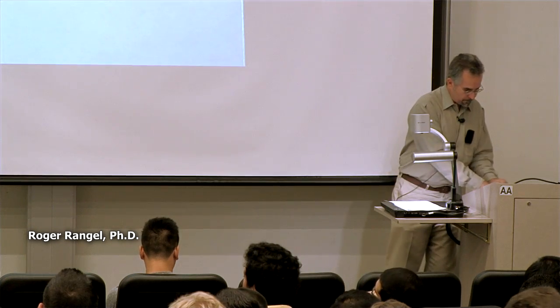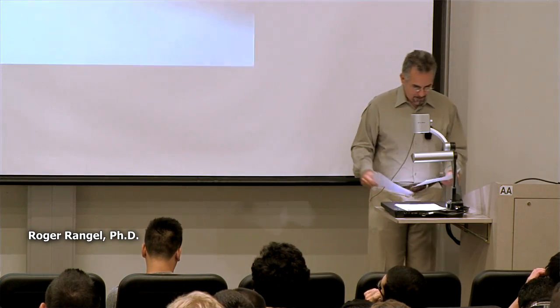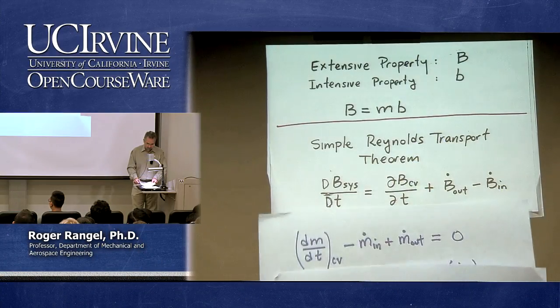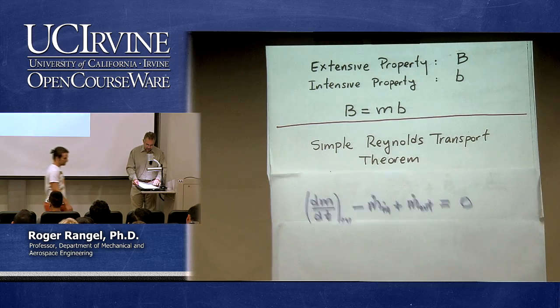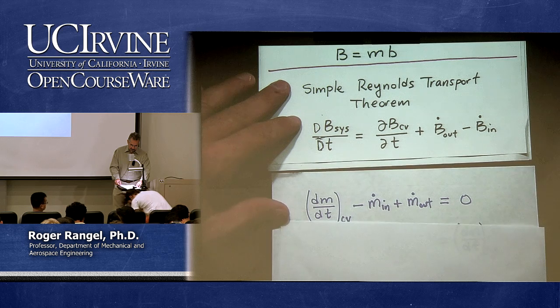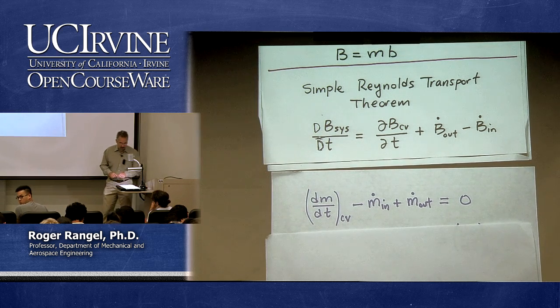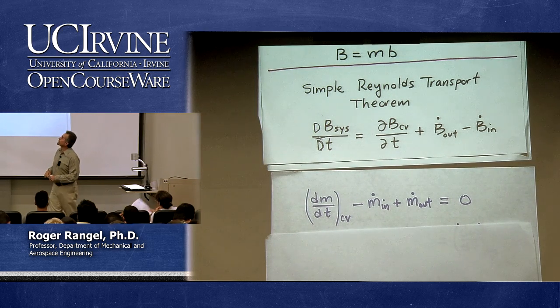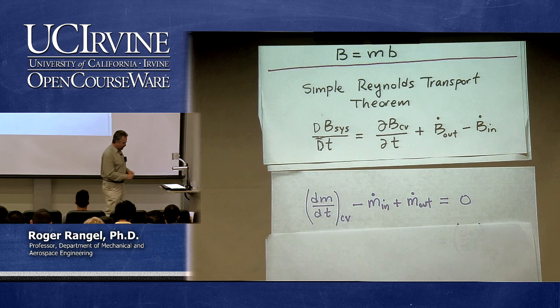Why do I say that? Well, very simple. Go back to this equation that we had earlier for the mass. That was the mass conservation equation. So what I did is I just moved all the terms to the left-hand side in the equation that we had before.